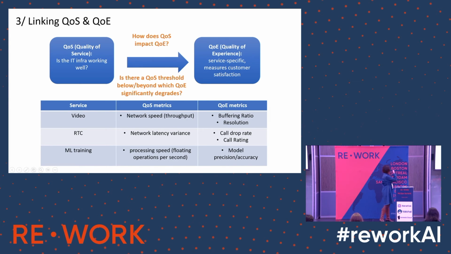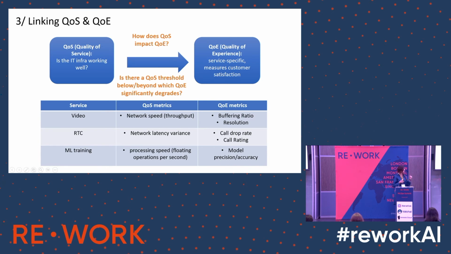So really, linking QoS and QoE is about finding how a given quality of service metric impacts a given quality of experience metric, if at all. So you really need to find this combination. And then use techniques such as ML inference and regression models to establish thresholds below or beyond which quality of experience degrades.